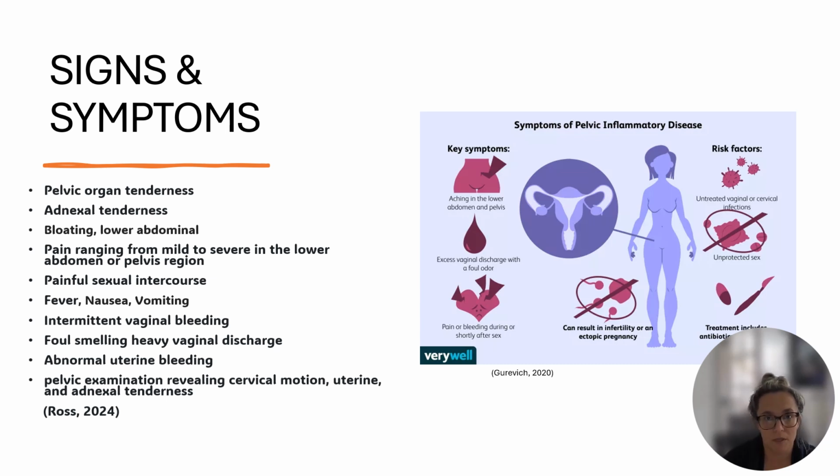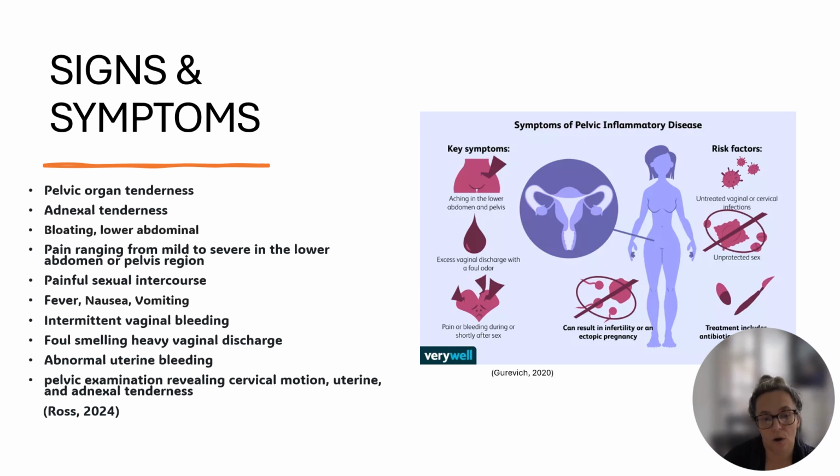There can be dyspareunia, which is painful sexual intercourse. There can be dysuria, which is painful urination, because the bacteria has inflamed the urogenital tract, and when the acidic urine is coming out, it is causing the pain sensation. Also, fever can be present with nausea, vomiting, diarrhea, based on how severe the infection is, especially if there's an abscess that formed in the fallopian tube or near the ovaries.